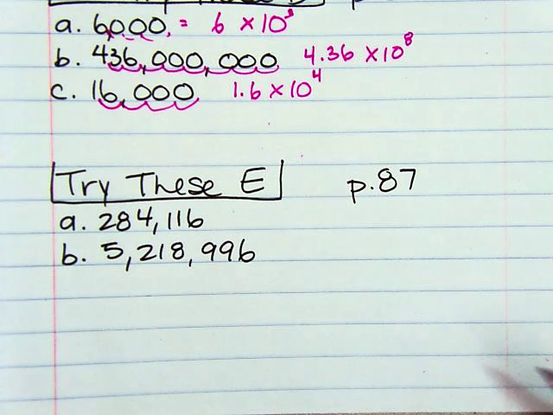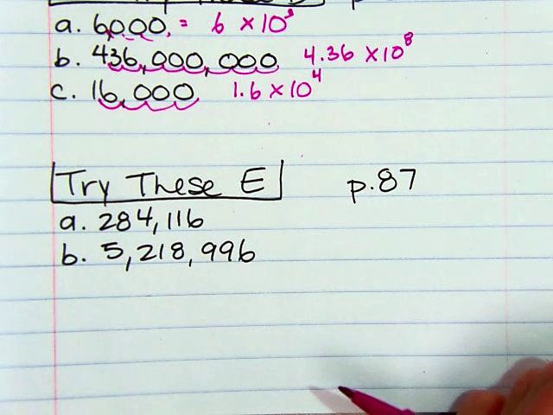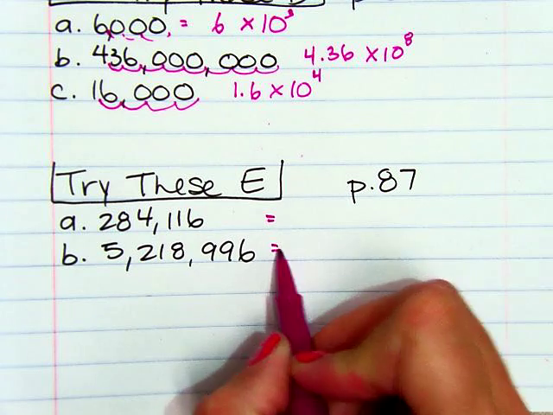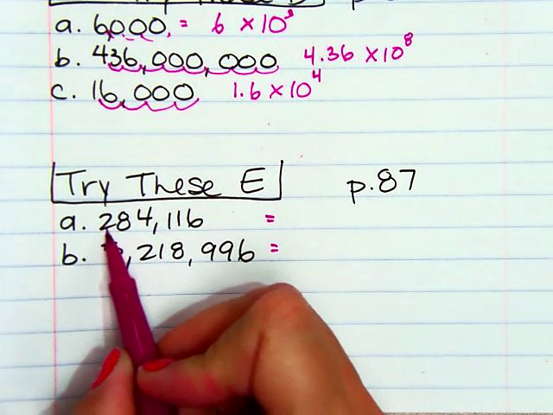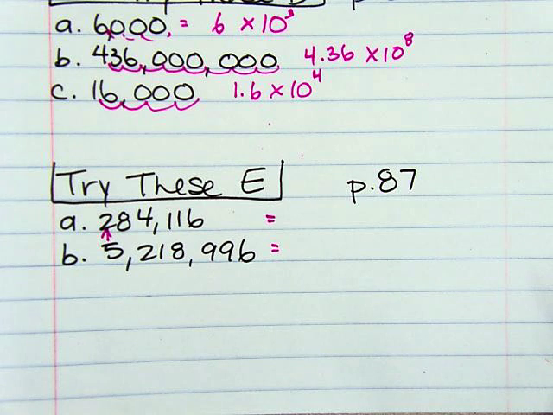So there's two steps to this one. I'm going to write in scientific notation, but I also need to estimate to the closest value. So if I'm going to round to this place value, which is the 100,000th place, the number next door is bigger than 5, so I need to round that up to a 3.